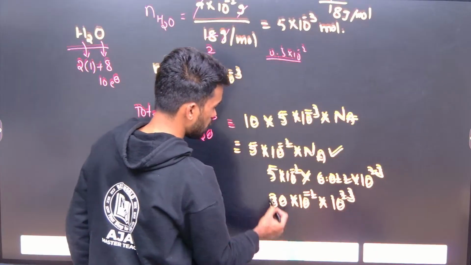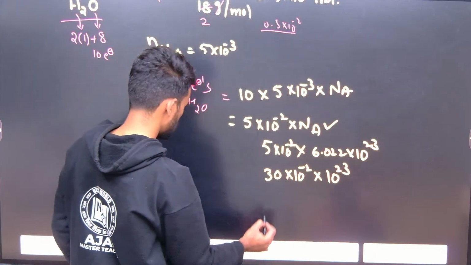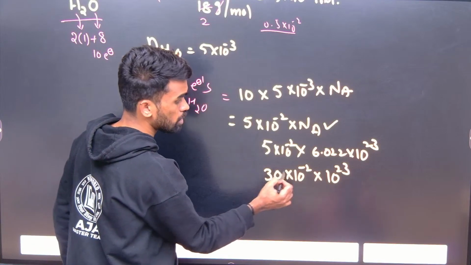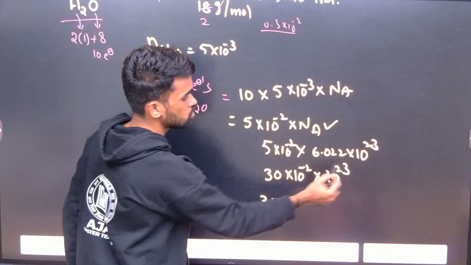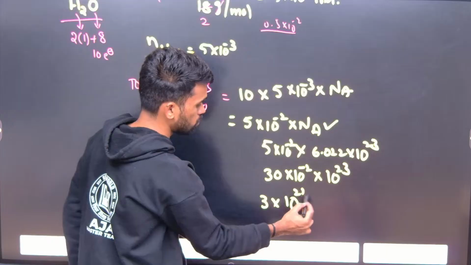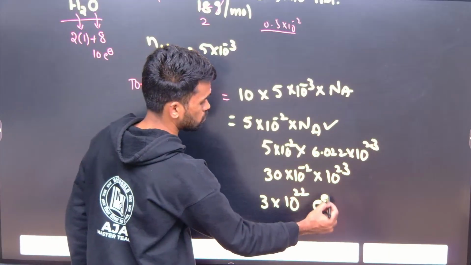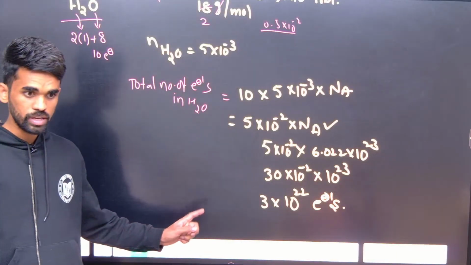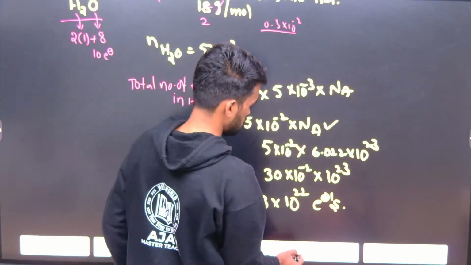I can write this as 3 into 10 power 1, so 23 minus 2 plus 1 gives 10 power 22. So 3 into 10 power 22 electrons in total. Okay, clear now? Next.